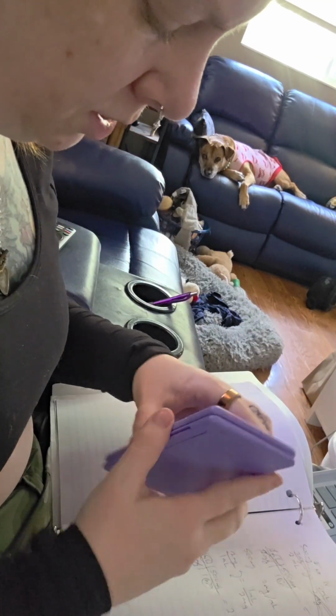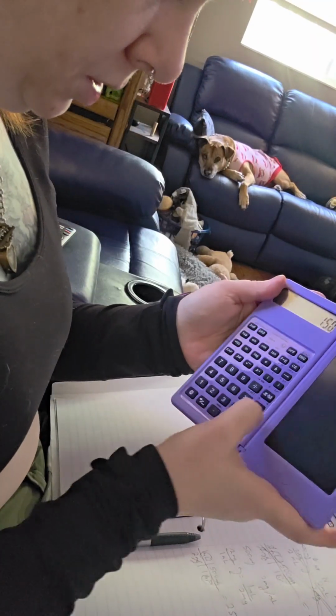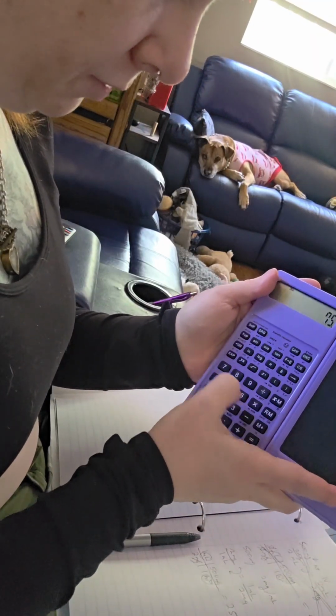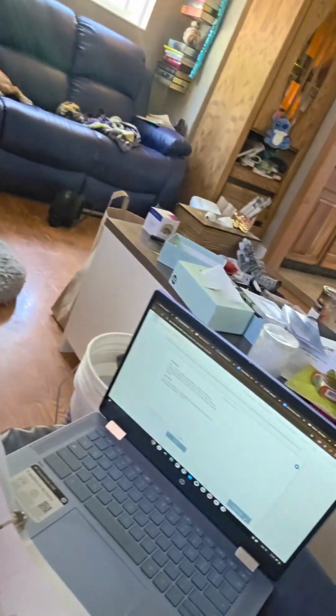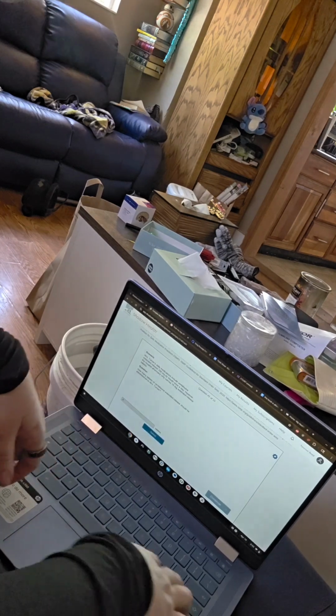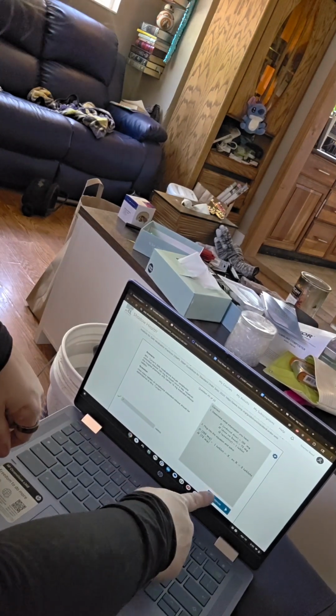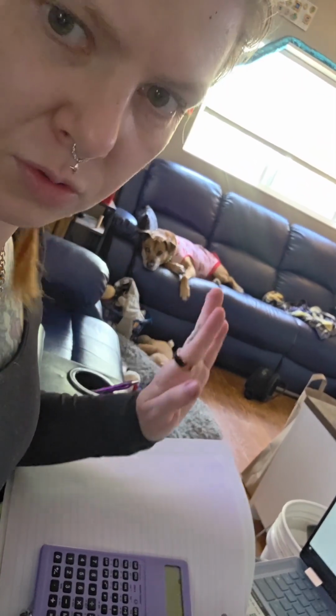So that would just be 150 divided by 75. Would equal 2 tablets. So let's put that in. 2 tablets. And that's correct. I probably should have stayed on that slightly longer. But I think a lot of us at least have those ones down.